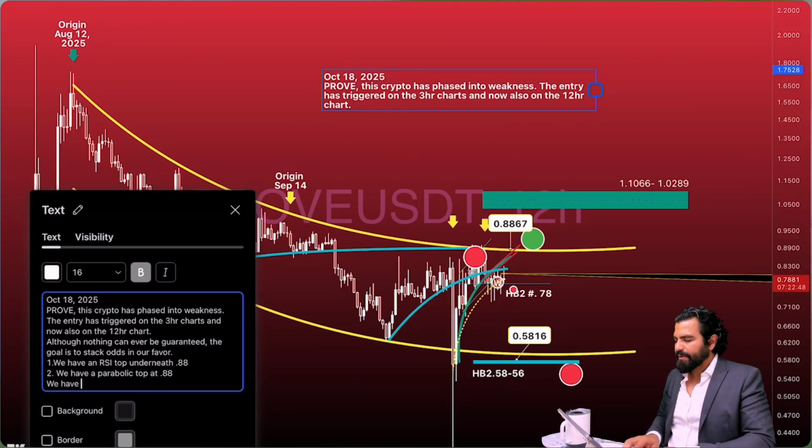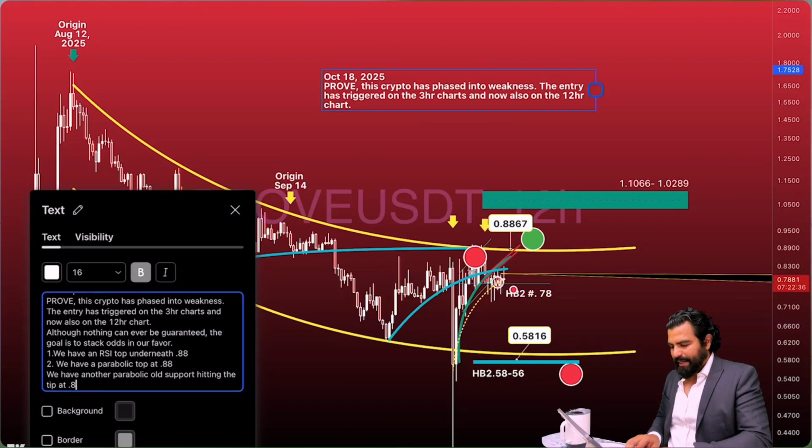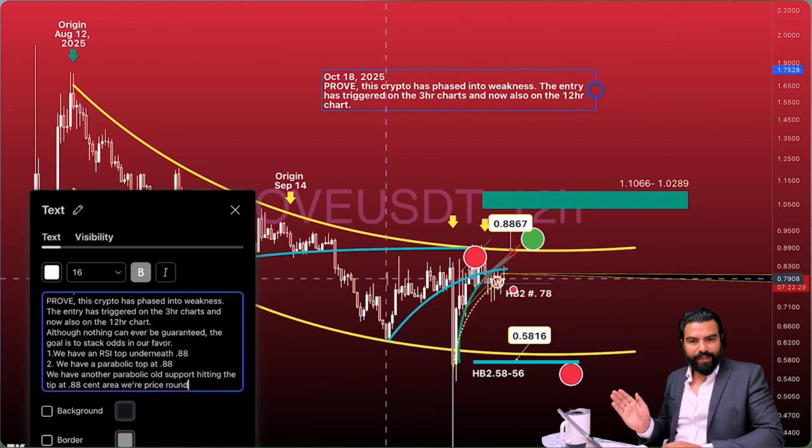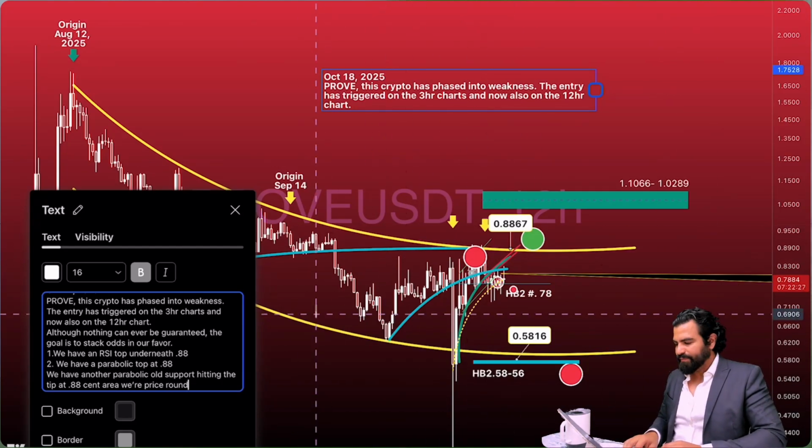We have another parabolic old support hitting the top at 0.88 cents area, where price rounded, and it's round action, right? Round action under that, okay?